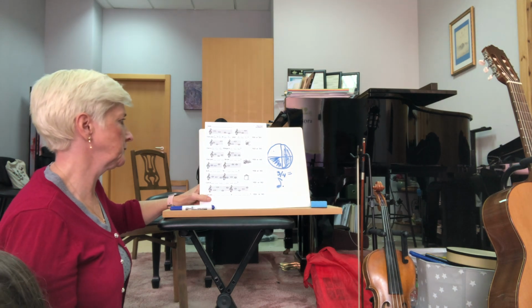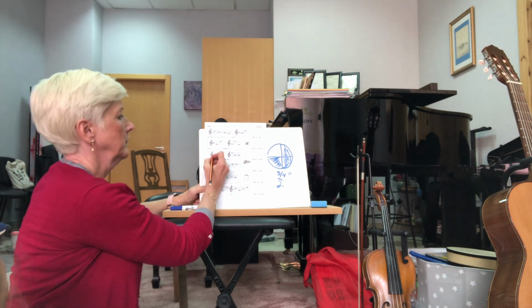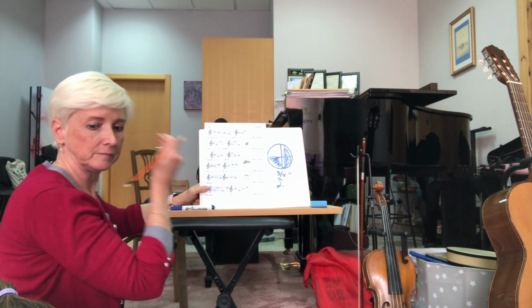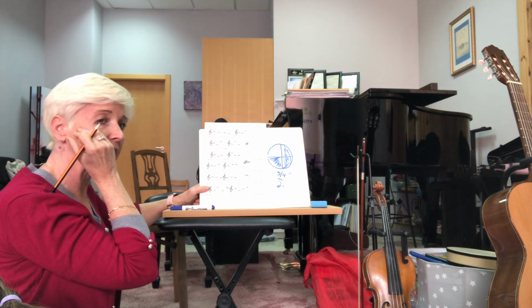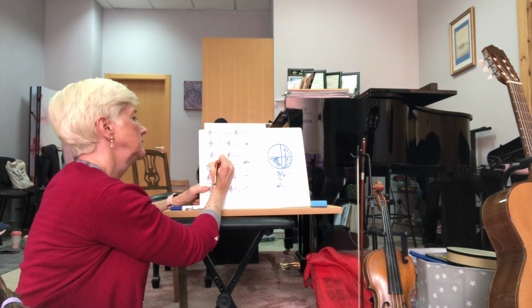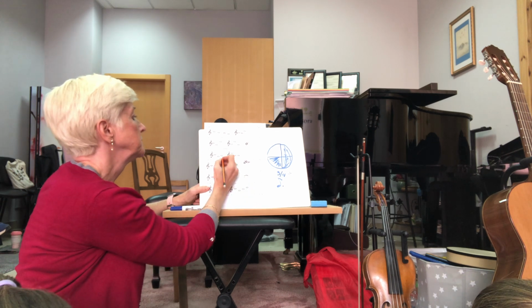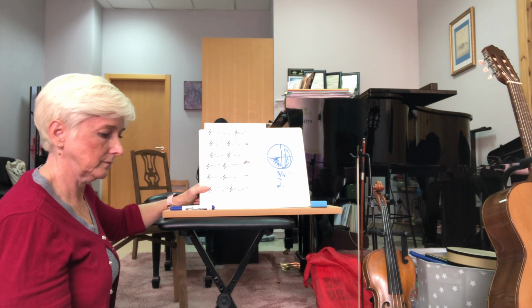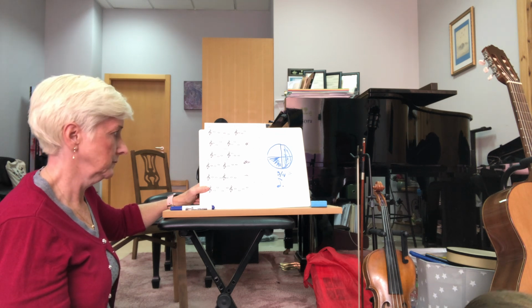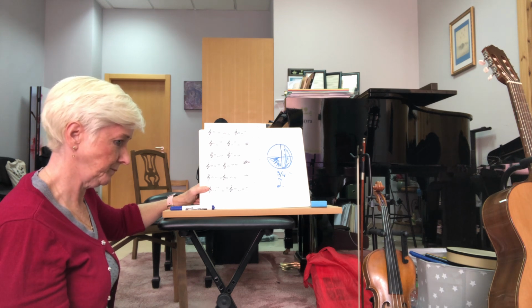Olivia, what's the next note? B. Kira, what's the next? Oh no, I asked you that one. Ruby, what's the next note? Kira, what's the next note? G. Catherine, what's the next note?